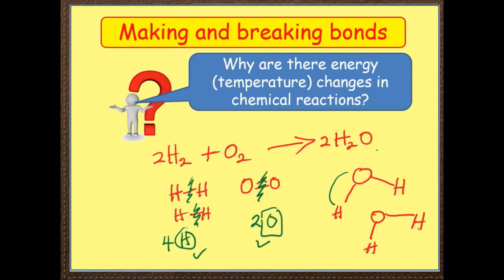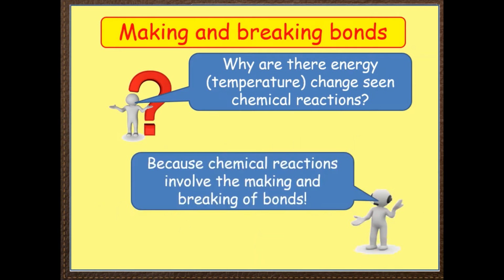Then to form a new compound, the atoms have to recombine. Here it's obvious that bonds are being broken, while here bonds are being formed. So it's simple when we say that a chemical reaction is accompanied by bond breaking and by bond making.